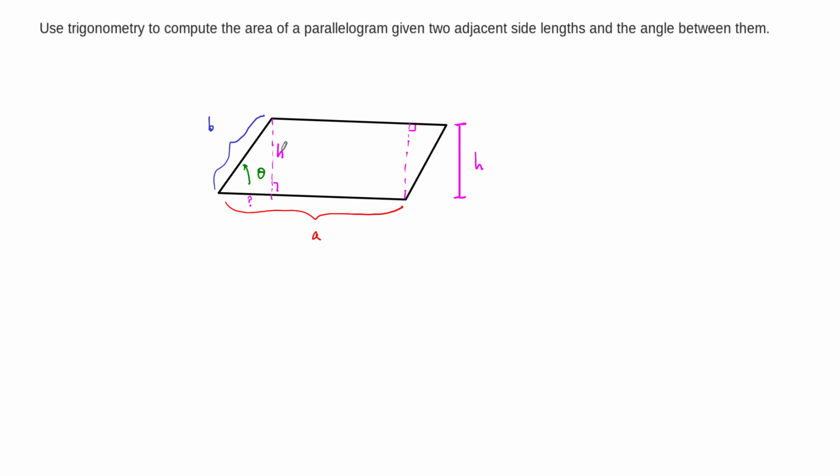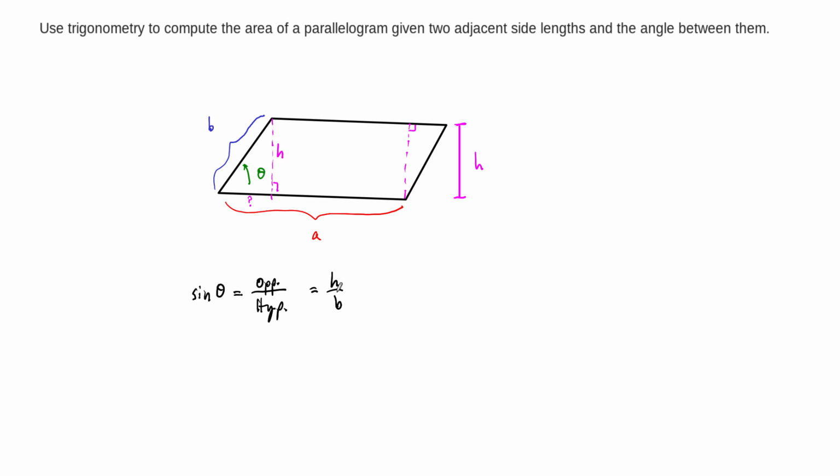But we can find H just by using trigonometry, because we have the opposite. That's what we want. Remember that the sine of our angle is equal to the opposite length divided by the length of the hypotenuse, and we know both of those. So the sine of theta is equal to H over B. H is the opposite side, B is the hypotenuse.